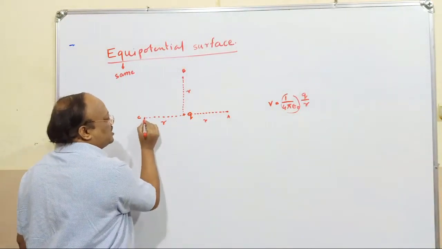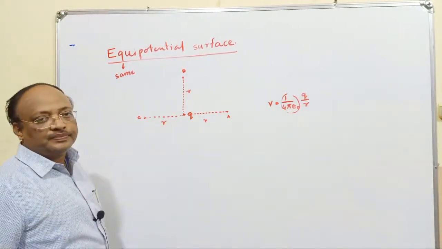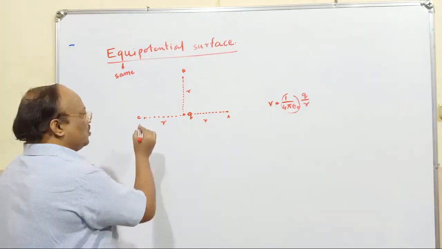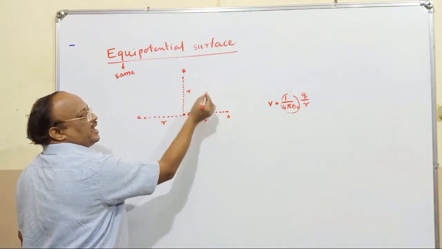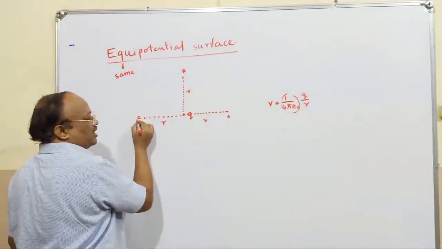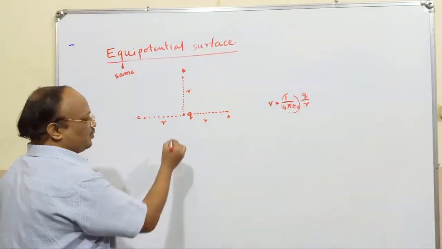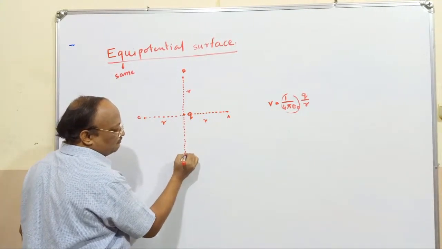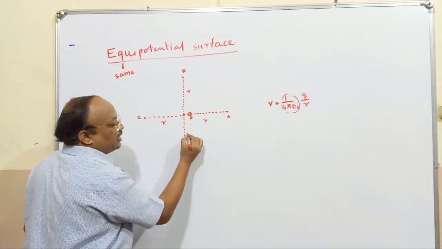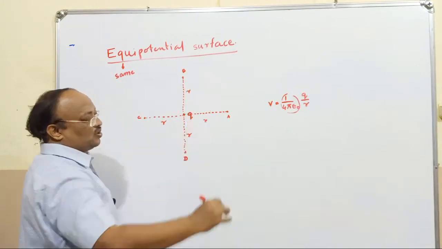So at this point C also we have the same potential. Potential at A, potential at B, potential at C is the same. The same thing we are seeing at D, where the distance is also r.